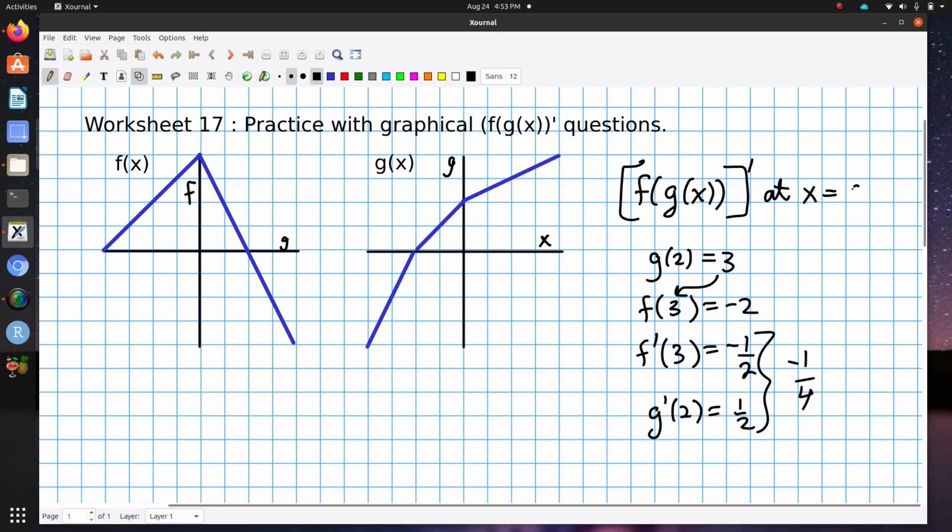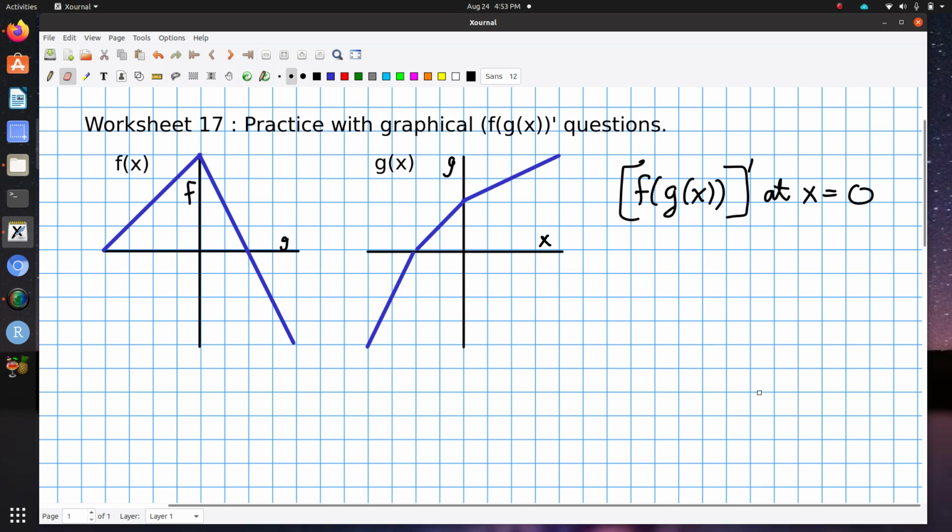So let's try what happens if we do 0. I mean, we really don't get out of the gate at all because g of 0 is 2. Let's just go ahead and try that. G of 0 is equal to 2, but we know that down the road we're going to need g prime of 0, and that does not exist, so there's no point doing that. And similarly, there's no point in calculating it at negative 2.